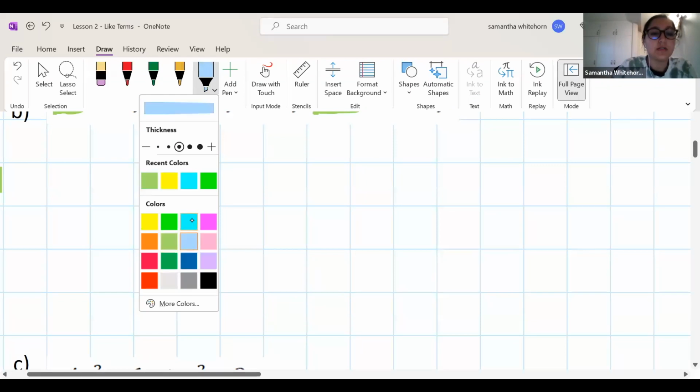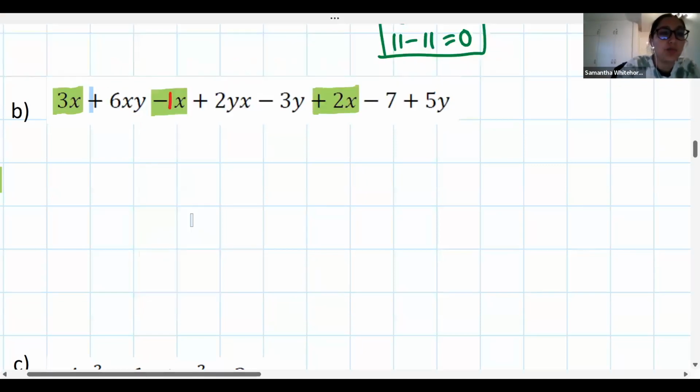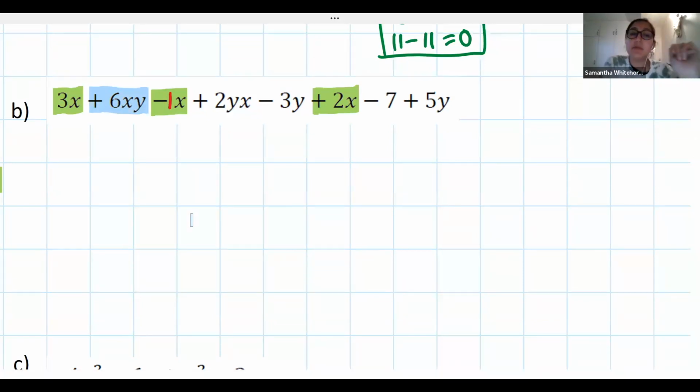If I now move on, my next term is a term with x and y in it. So now I want to find all terms with x and y. Now, very importantly, grade 8, when you have multiple variables, it doesn't matter what order they are in. If it's xy or yx, as you can see here, they are like terms.